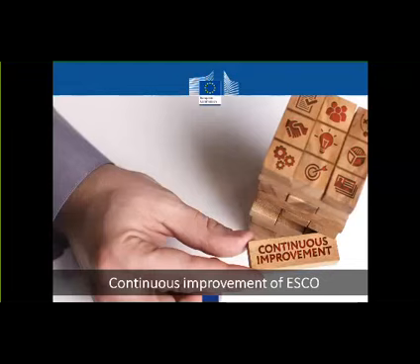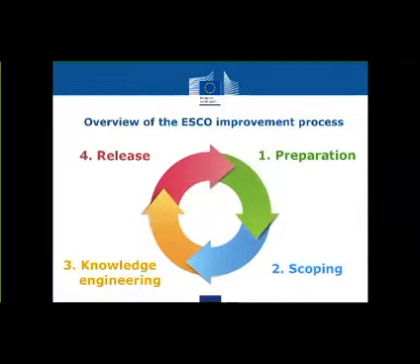We released the first version of the ESCO classification in July, which means that we are now moving from the initial phase of ESCO towards a process of continuous improvement. Of course, the labor market changes, education and training change, even terminology and the language change. And of course, in a data set with 1 million terms, you will also find mistakes here or there, things that are not modeled in the best way.